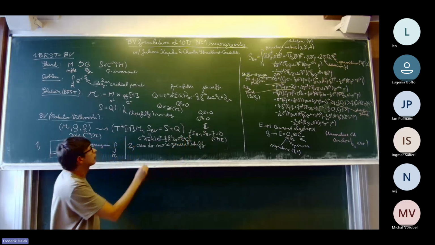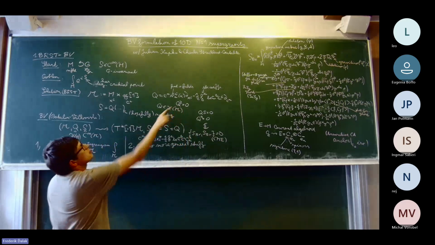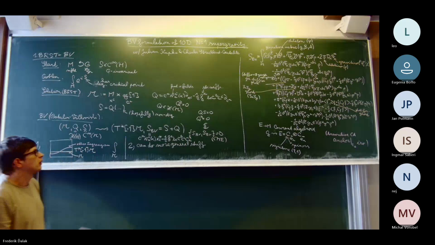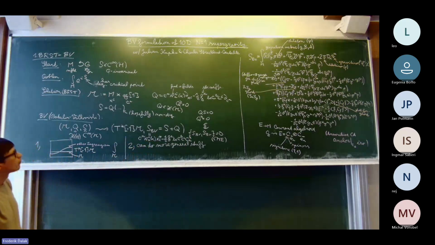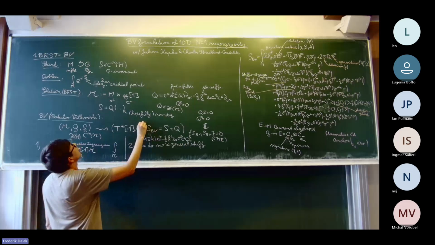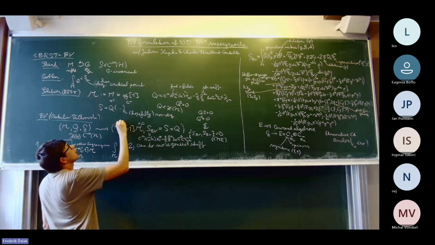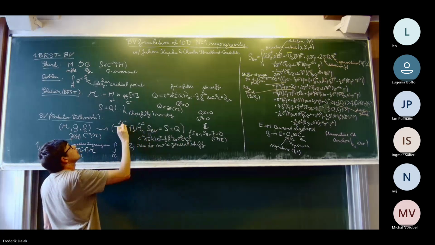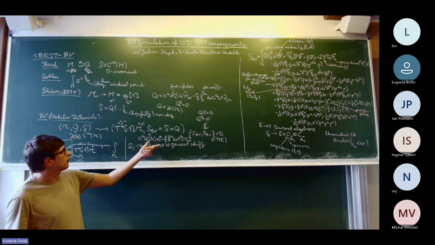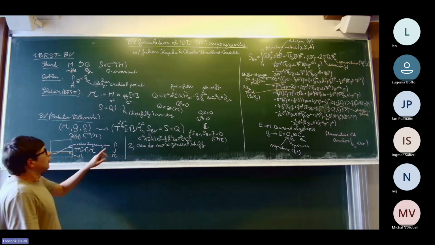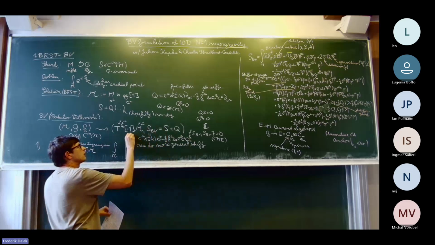Sorry for those who are watching, I just took that and replaced partials by p's, where the p's are the star variables. These are the momentum variables. So here we have x and c, and here we have the cotangent coordinates x star and c star. Now, one thing you can see is that plus S.